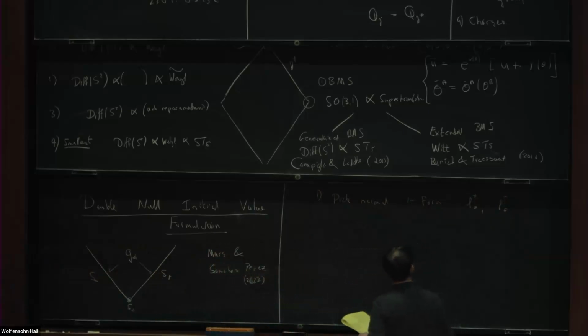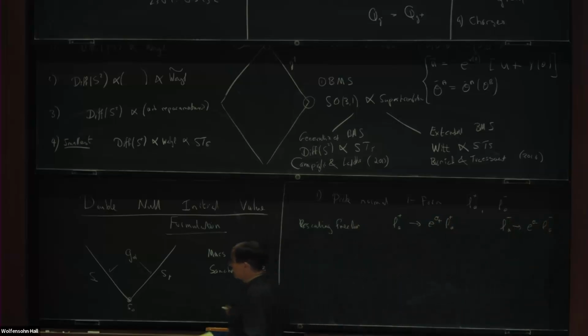Because they're null, they can't be normalized, so there's a rescaling freedom: L plus A goes to sigma plus L plus A, and L minus A goes to sigma minus L minus A. There's no way to resolve this ambiguity, so it becomes a freedom analogous to a diffeomorphism freedom. Everything will be invariant under this rescaling freedom. So that's the first thing we need to specify.